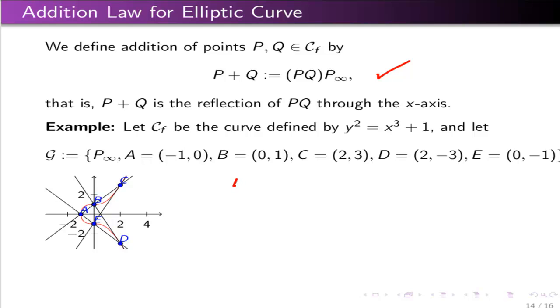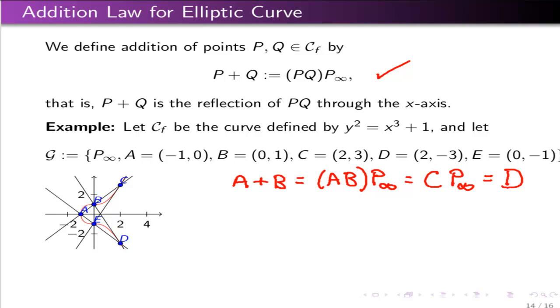So first, let's just do a couple examples. Let's find A plus B. By definition, that means AB, P infinity. So AB is C, the third point of intersection. And then C P infinity means reflect the point C through the x-axis to get D. So A plus B is D. How about B plus D?